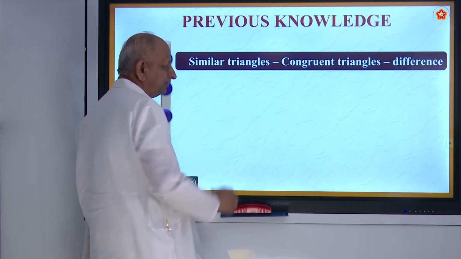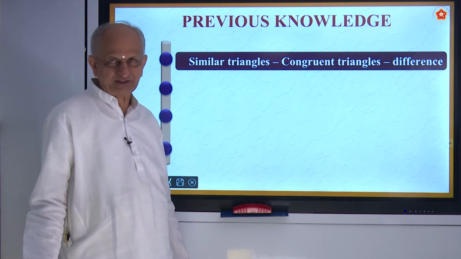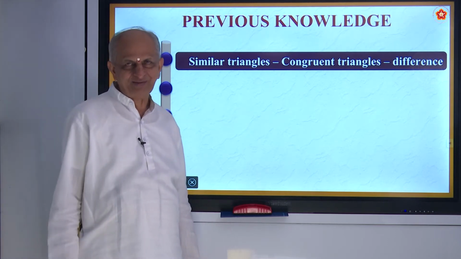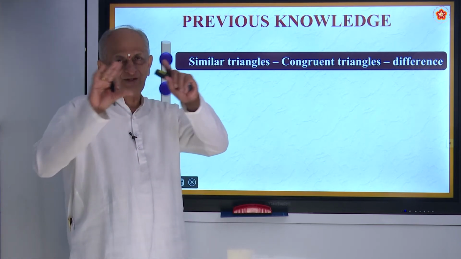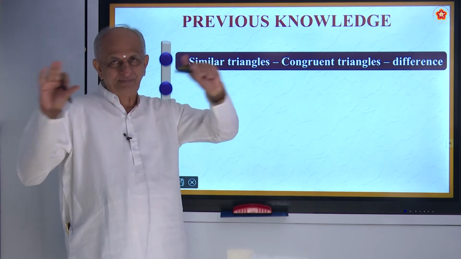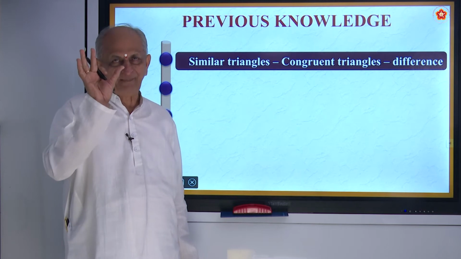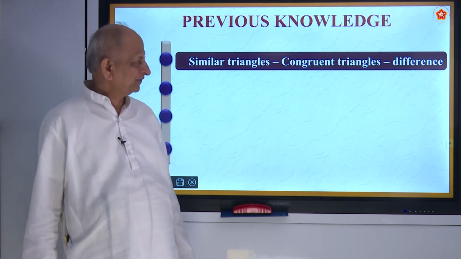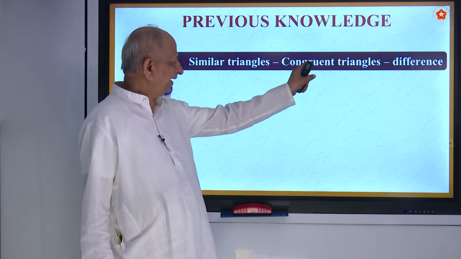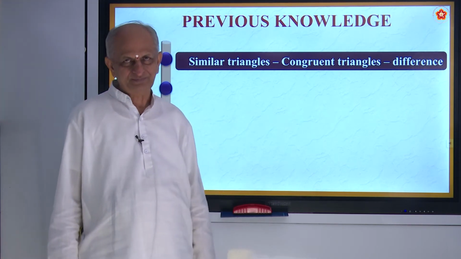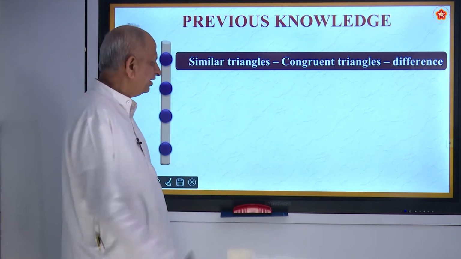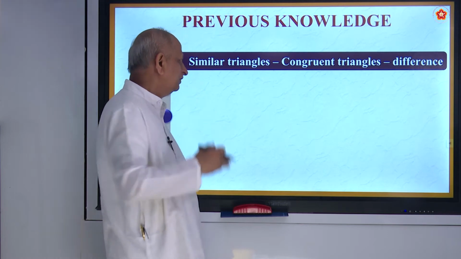There are similar quadrilaterals, similar circles, similar squares and so on. Their sizes are different, the dimensions may be different, but the shape must be the same. Here, shape and size both must be the same. That you already studied in the previous class.